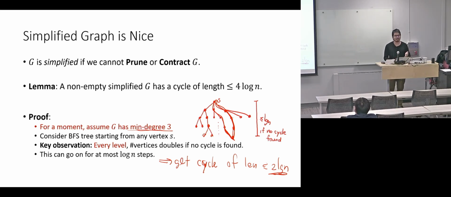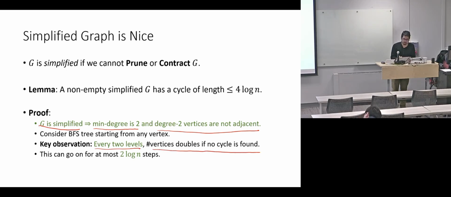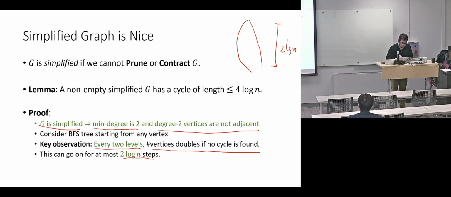So once the graph is simplified, the min degree is 2, but those vertices are not adjacent. So every 2 levels, the number of vertices must double. You cannot go on for more than 2 log n steps, so your tree will have depth 2 log n. At some point you will find a cycle, and in total the length is 4 log n.